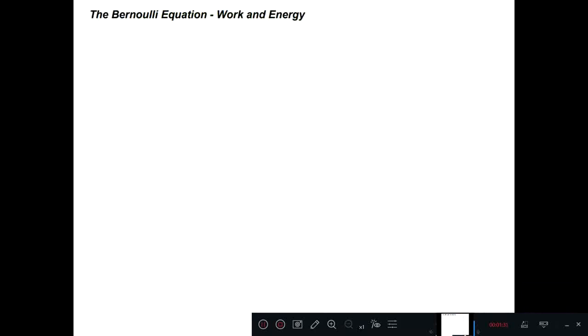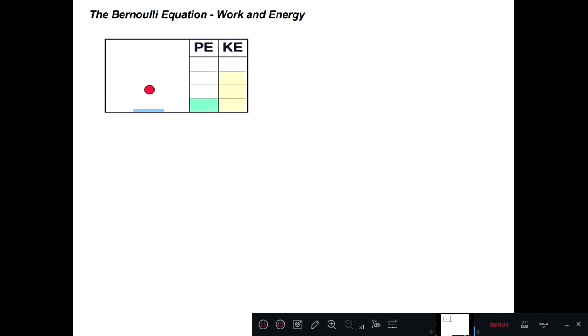In today's session, let us again discuss Bernoulli's equation, the work and energy. In this particular example, which I explained in the previous session also, we know that if we drop a ball, it accelerates downward with an acceleration g equal to 9.81 meter per second square.